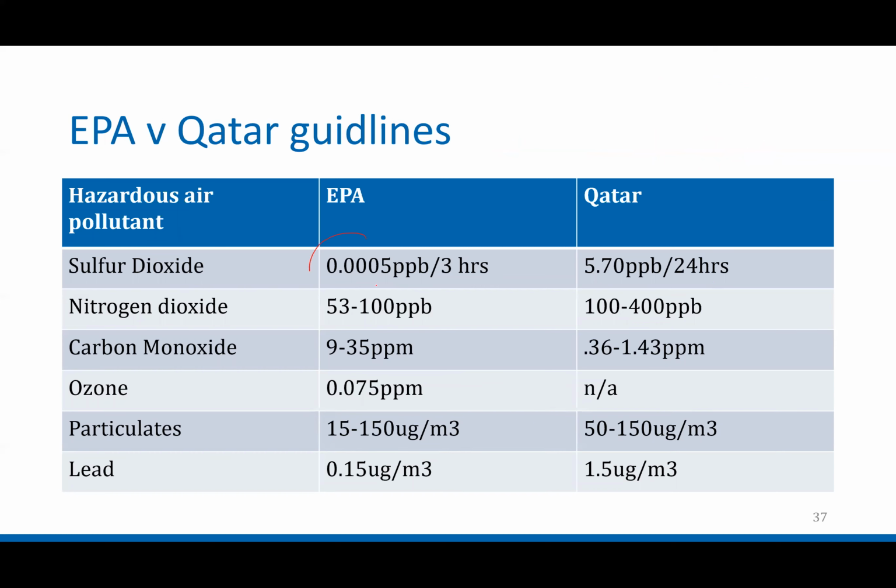You can see some of the numbers are drastically different, right? So it depends on where you go. There's not much to say about these numbers, but this is from, I think, 2018, these numbers. And this is the EPA, which is USA, versus Qatar's standards or guidelines.